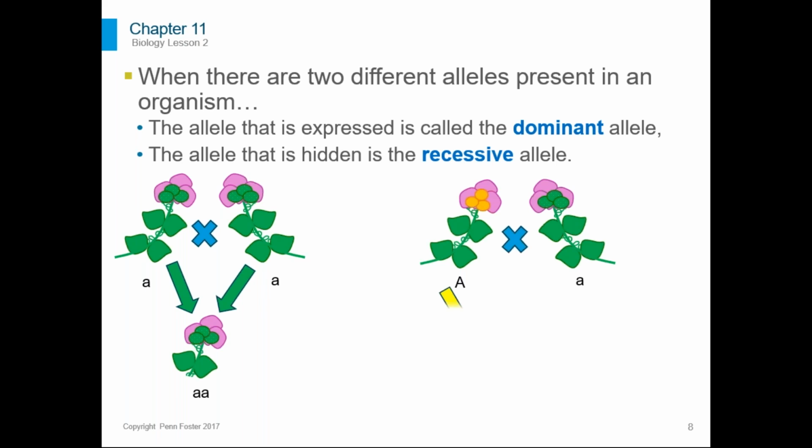But if the plants received a yellow seed allele from one parent and a green seed allele from the other parent, the seed of the offspring was always yellow, never green. The allele for yellow is dominant and green is recessive. So if they're in the same plant, you'll always see yellow and you'll never see green.